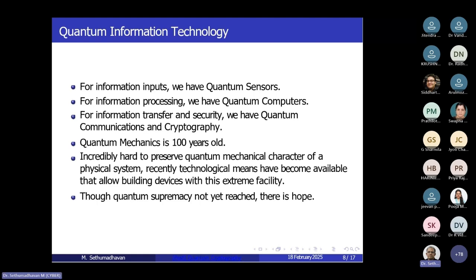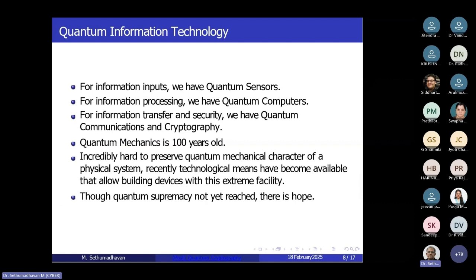See, in quantum information technology, we have quantum sensors available for information inputs. This is done. Many companies in India and abroad have already developed quantum sensors.